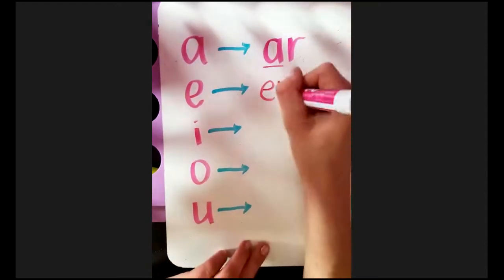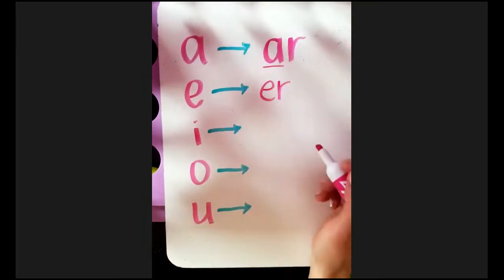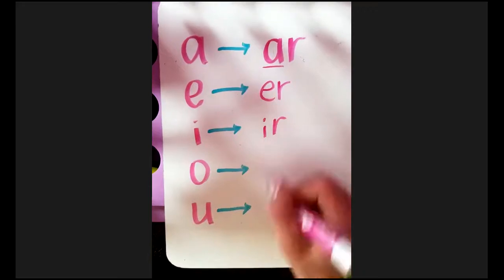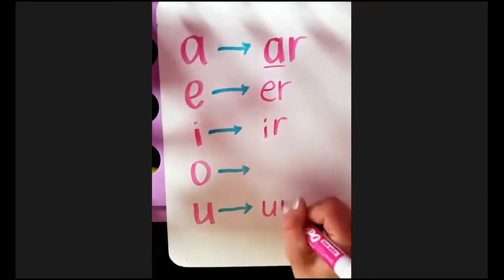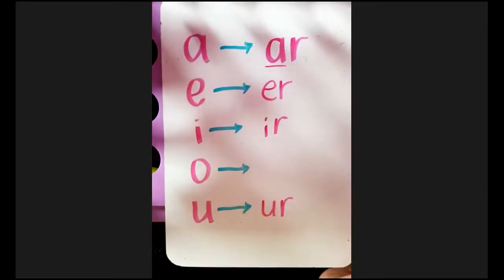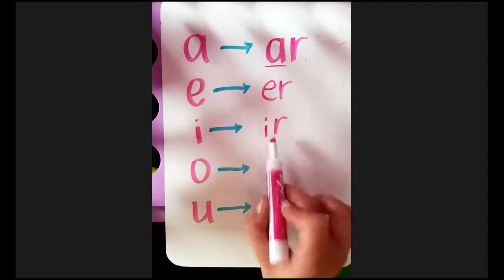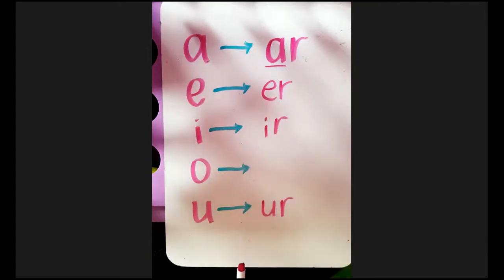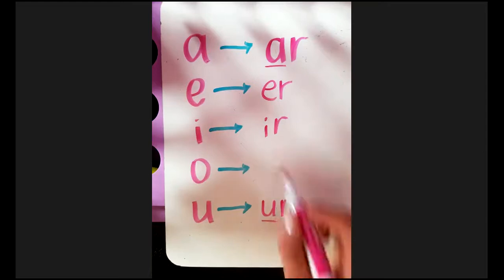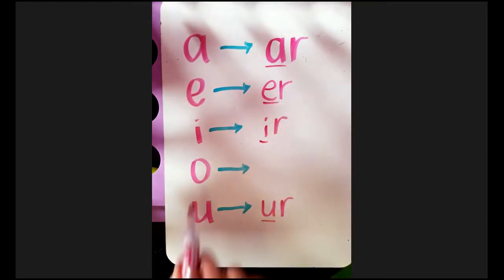ER is going to say, IR is going to say, and UR is going to say. So those three, ER, IR, and UR, you don't even really hear the vowel at all.